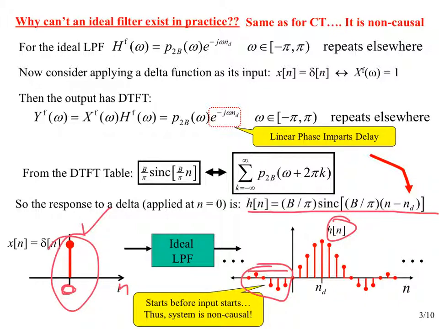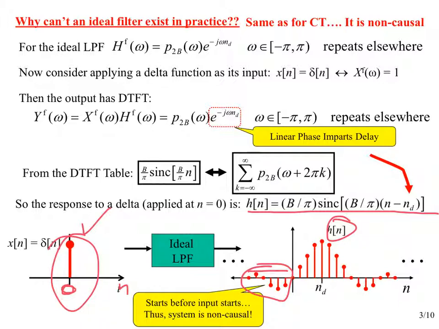So how could a real-world system actually know, infinitely far in the future, that a delta function is going to come into me and I should start wiggling like a sinc function infinitely long before that actually happens? It cannot do that. This is a non-causal system, and we cannot build non-causal systems at all.